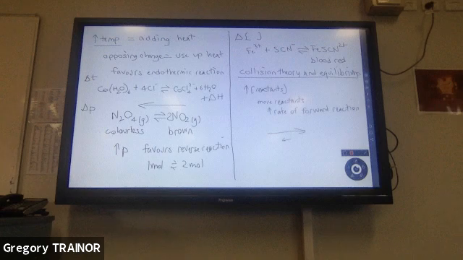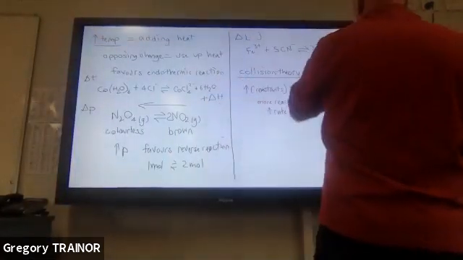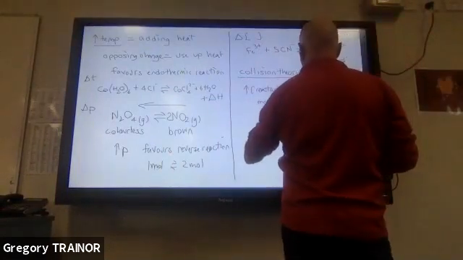And as the amount of product increases, this comes up, and they meet in the middle. And when they meet in the middle, the rate of the forward reaction and the rate of the reverse reaction are equal, and so it's back in equilibrium. Right, so that's how you explain equilibrium changes in terms of collision theory. Okay, so rate of the forward reaction increases.